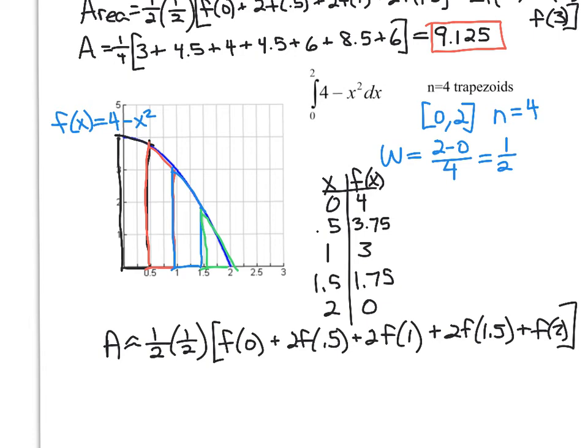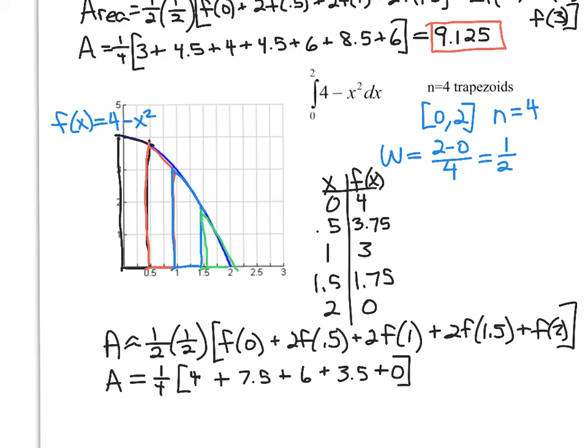And when I fill in these values and get an approximation for my area, I'm getting 1/4 times the number 4, plus 2 times 3.75, which is 7.5, plus 2 times 3, which is 6, plus 2 times 1.75, which is 3.5, plus my last number, 0.